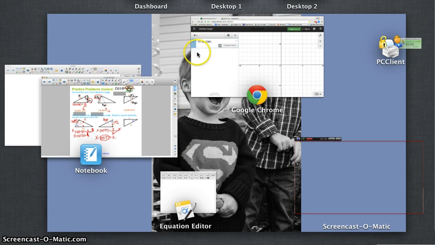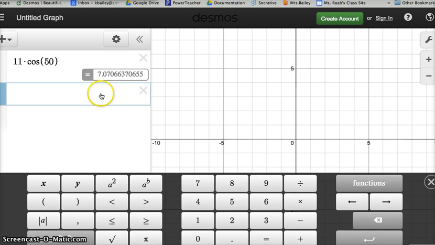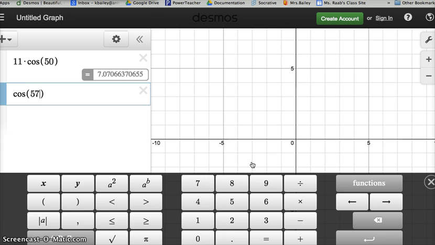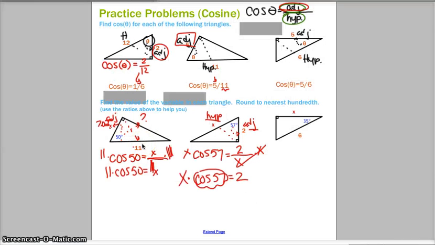I know it looks like a word and a number, but the cosine of 57 is a decimal. It's 0.5 something. So it's essentially the same as wanting to divide by a decimal. I'm going to divide by the cosine of 57 on both sides. The calculator is capable of handling that division.